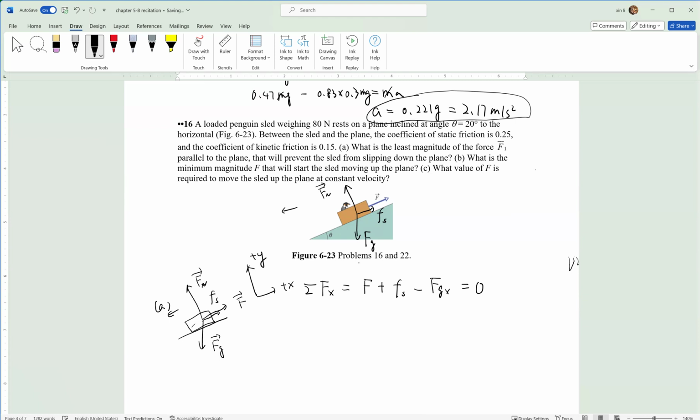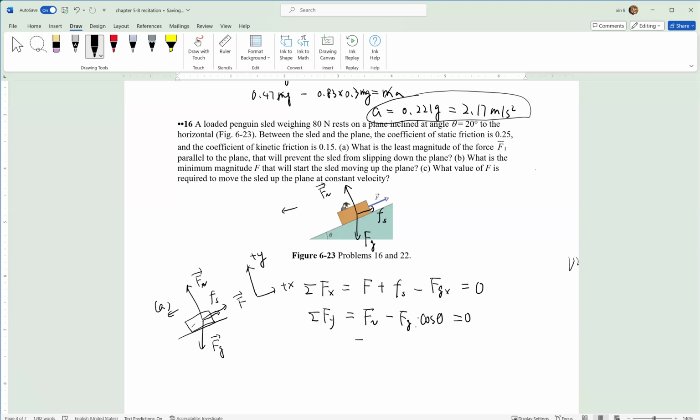And then in the y direction, we should have our normal force minus Fg. This equation in the y direction is always right for all three situations. So Fy equals Fn minus Fg times cosine theta equals 0.